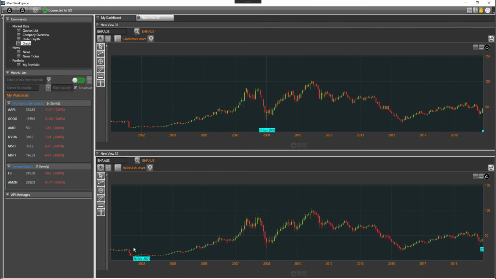Whereas when you turn on the Kagi, it smooths it out a bit so that it shows a clear pattern. So you have a longer run of green, and then you have a bit of red, and then you have a longer run of green here, and so on and so forth. So basically, it doesn't turn color until there's a significant movement.